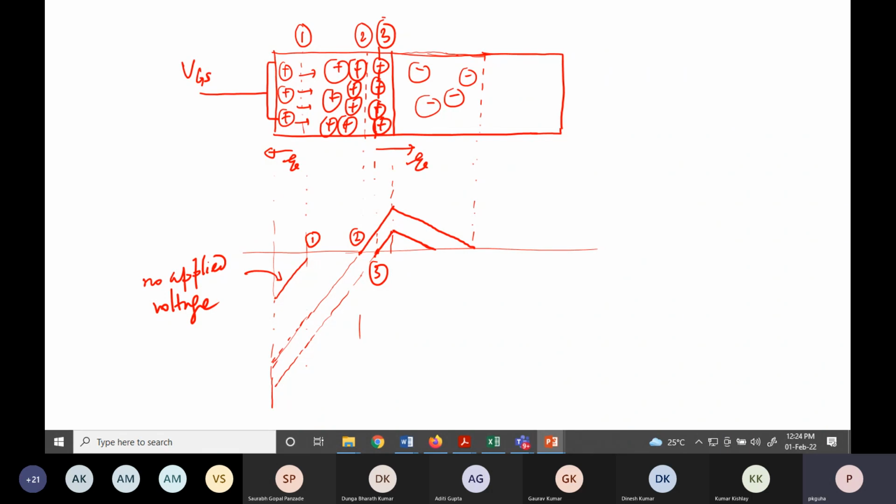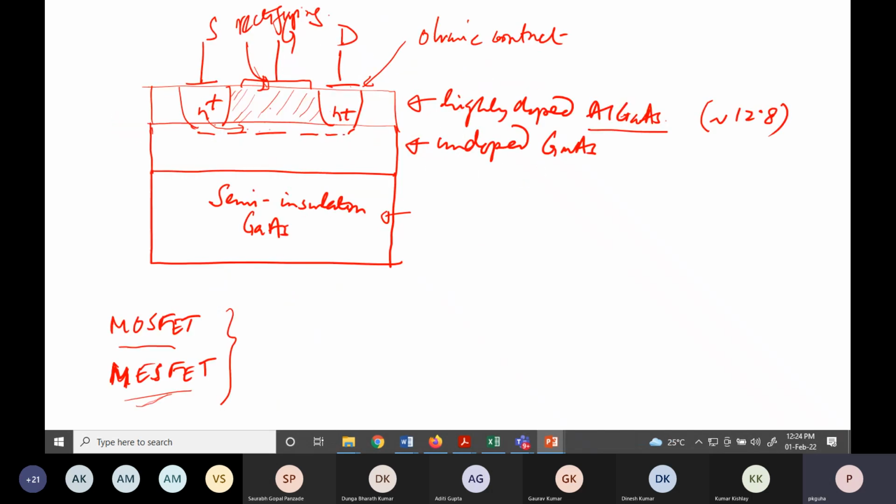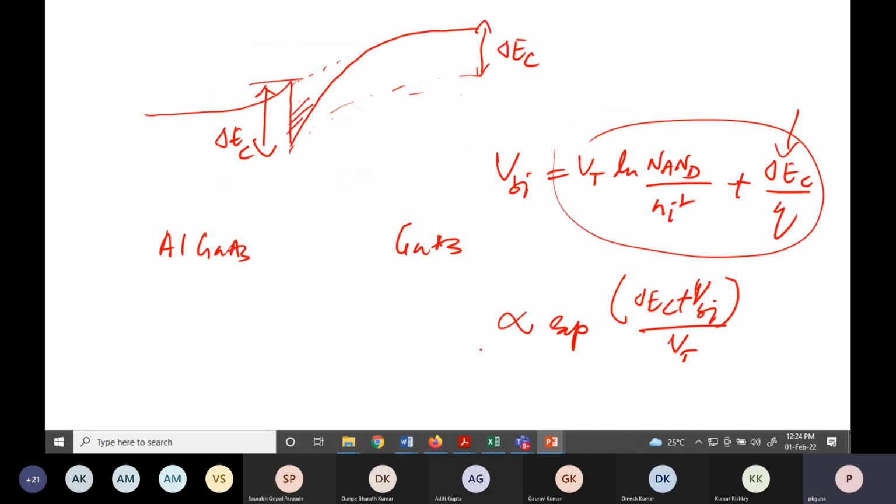In other words, if we manage to change this band bending through the gate, we will be able to control the amount of electrons, because as I said, the amount of electrons is exponentially related to delta EC over VT, along with VBI.